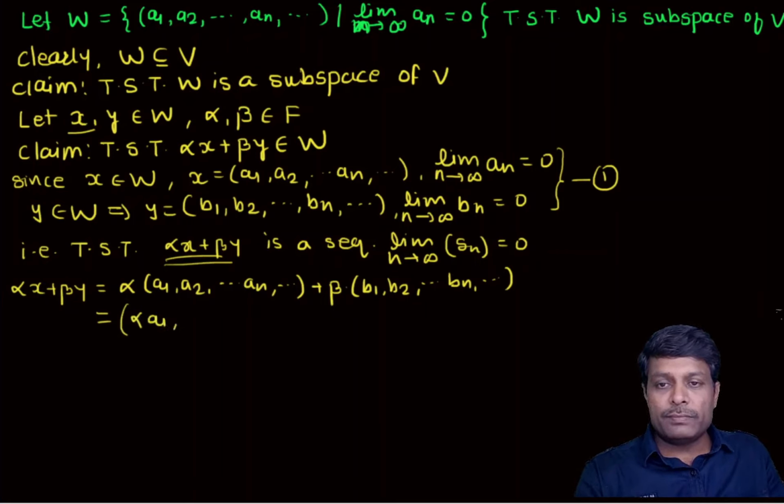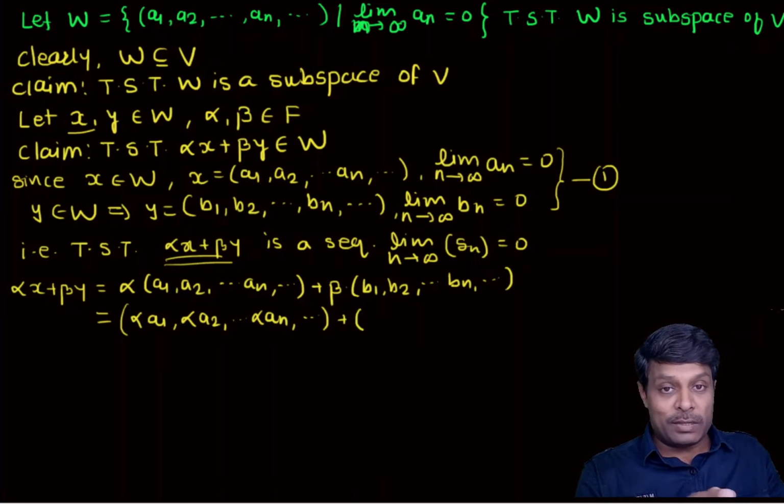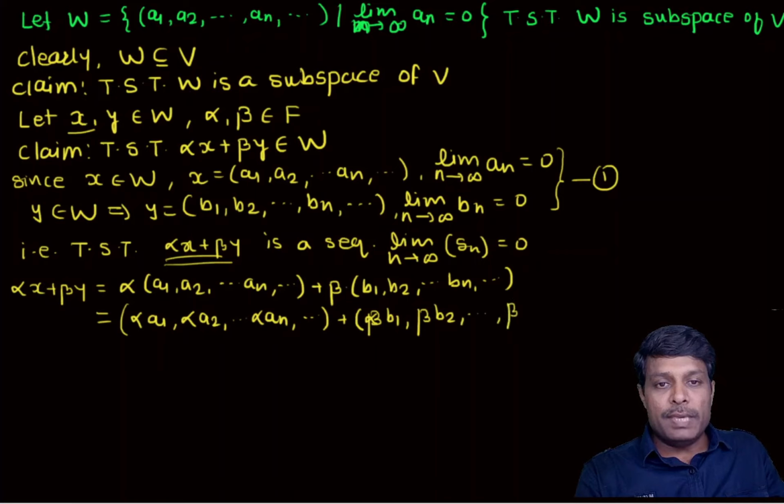Alpha a1 would be the first term, alpha a2 the second term, and the nth term is alpha an, and so on. Plus, if you multiply by beta the second sequence, then again beta b1 would be the first term, beta b2 the second term, in this way beta bn, and so on.